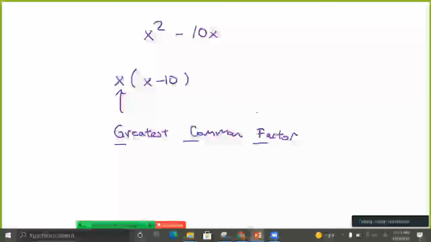Let's look at another quick side example for greatest common factor. Remember, we've been doing this all week. Let's make a more complicated one. Let's do 50x to the third minus 25x to the second. What is the GCF? What is the greatest common factor?